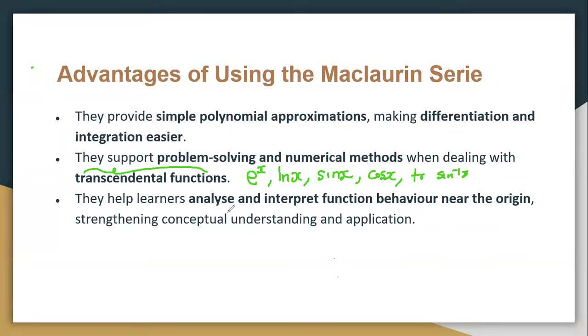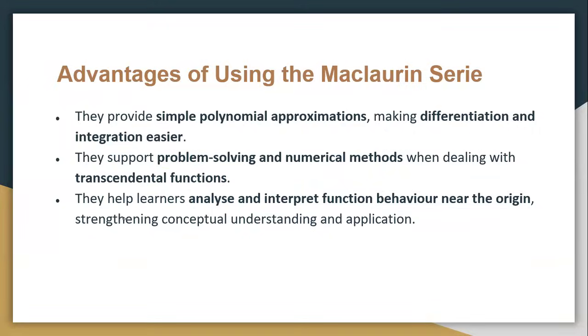In simple terms, a Maclaurin's series helps us to simplify those complex functions, making calculations much easier, most especially when dealing with differentiation and numerical analysis. That is where we mainly use this kind of expansion.